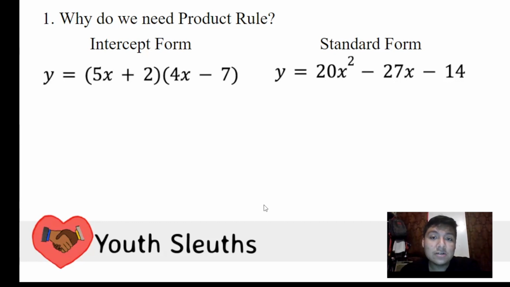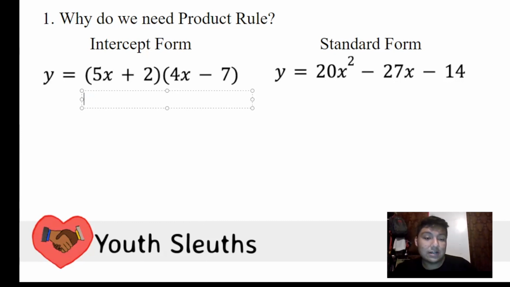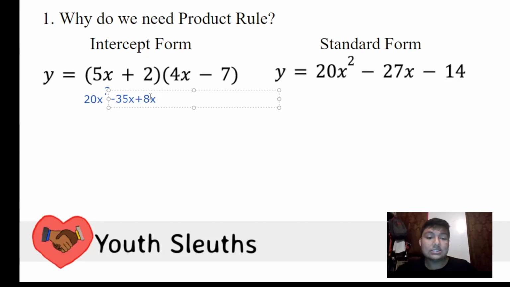On this slide, first, we're going to prove that both of these equations are the same quadratic. So we start by foiling the intercept form. So we have 5x times 4x, which would be 20x squared, and then 5x times negative 7, which is negative 35x, and then 2 times 4x, which is adding 8x, and then 2 times negative 7, which is negative 14.